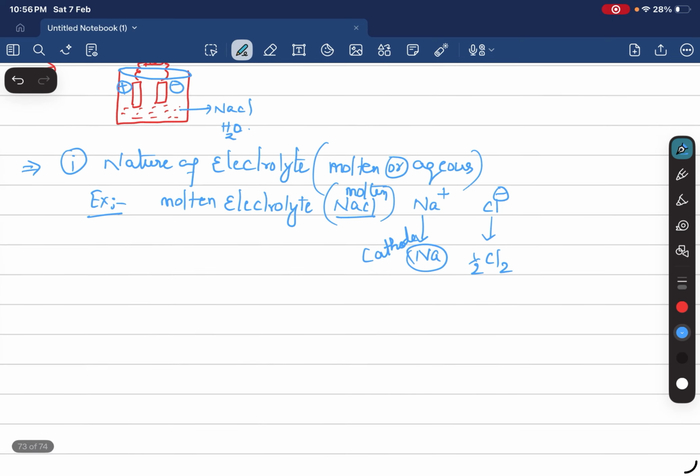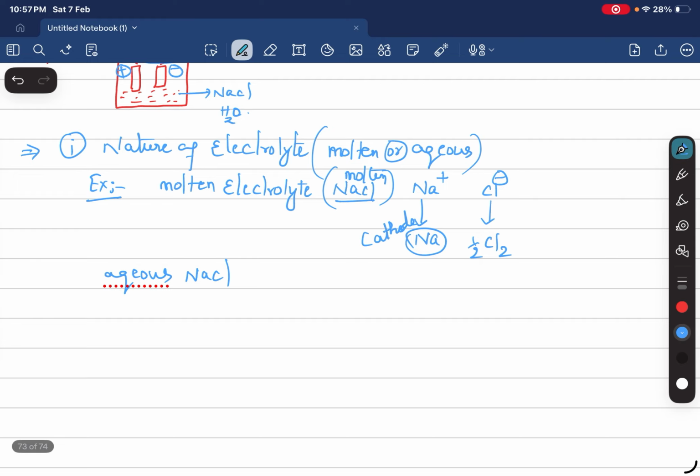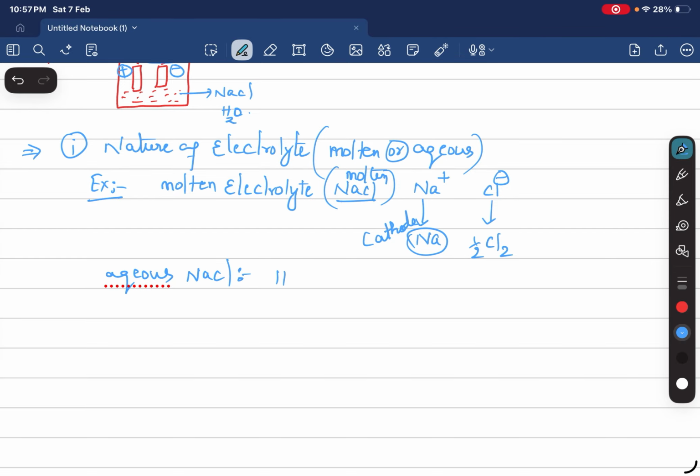Instead of molten, if you take an aqueous electrolyte, aqueous NaCl, here water also participates in the electrolysis, because from water we get H+ and OH-, along with Na+ and Cl-. So more than one positive and more than one negative ion are present in aqueous NaCl.